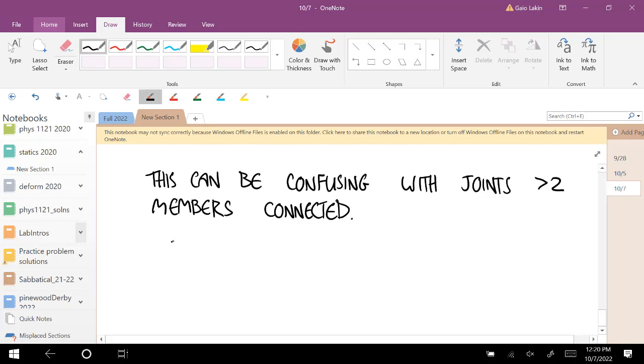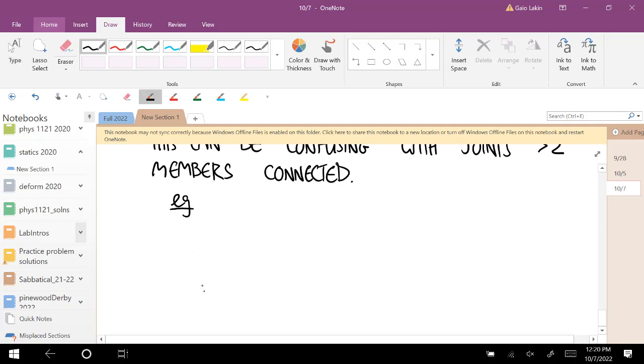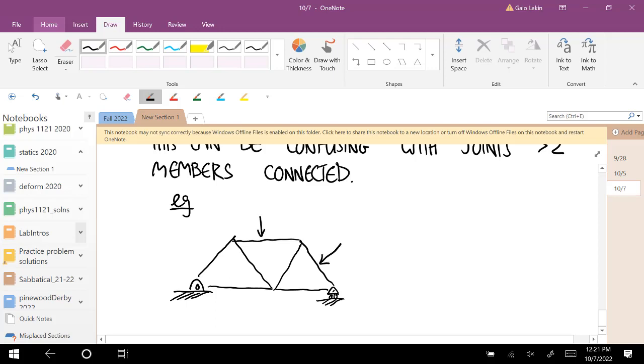So for example, imagine a structure like this. Okay, and let's say there's some force applied here and some force applied here.